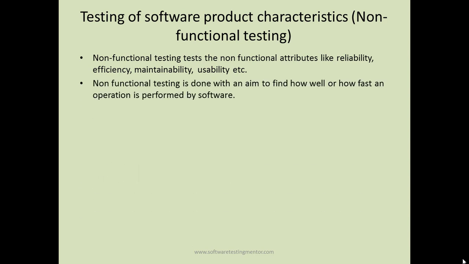It is done with an aim to find how well or how fast an operation is performed by the software. It focuses on finding out how well an e-commerce site will perform if there are 50,000 users logged into the portal simultaneously.